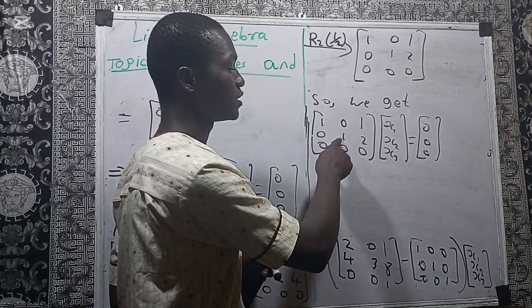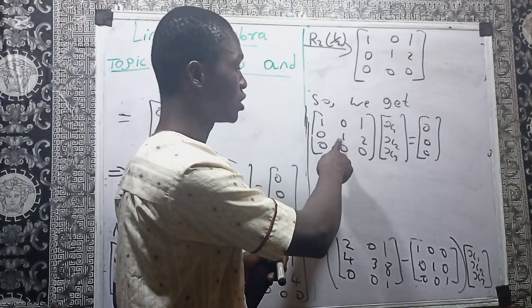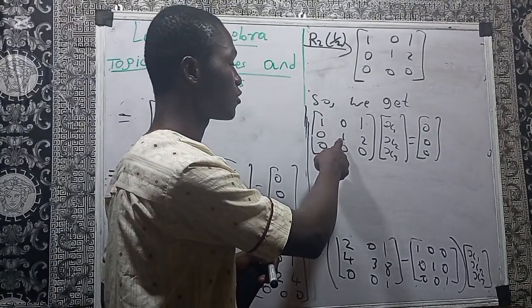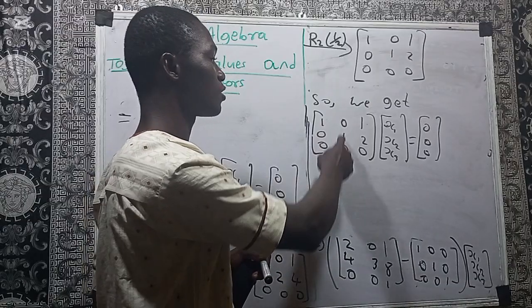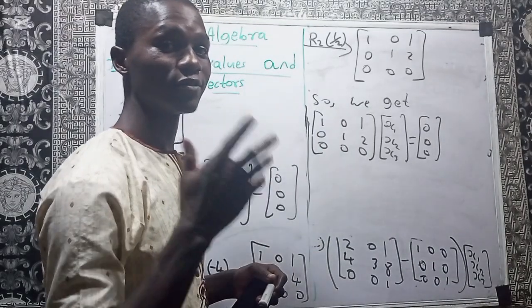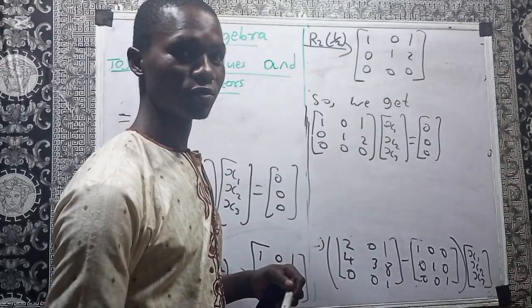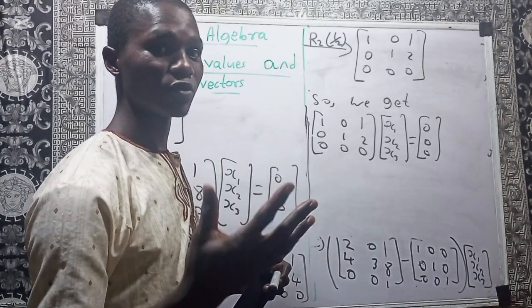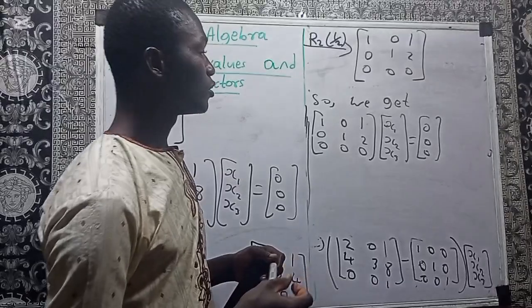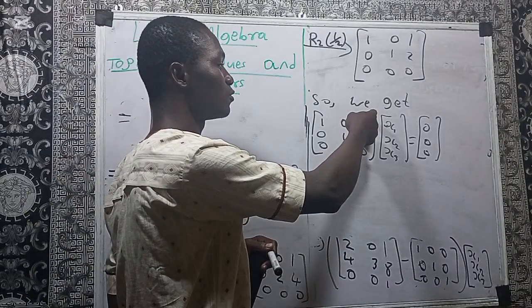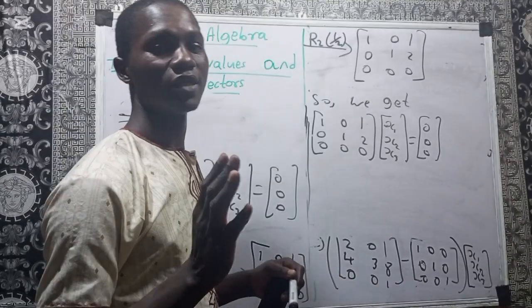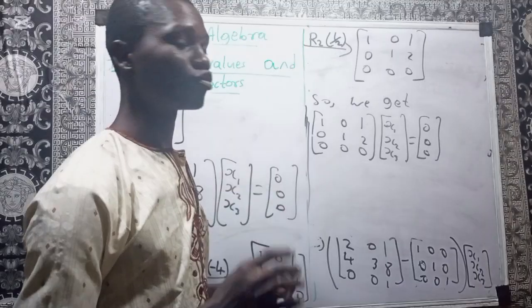Leading entry of the second row, that's the first non-zero number in the second row, is 1. It's located at where? Column 2. So column 2 has a leading entry of row 2. The last row, they are all zeros. No non-zero number, so no leading entry. So this makes the last column, column 3, not to have a leading entry of any row.